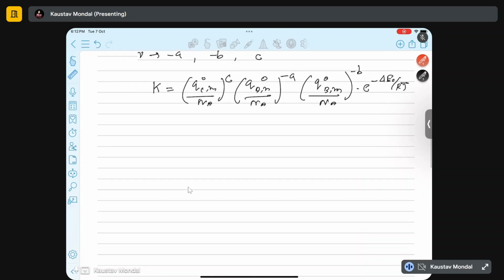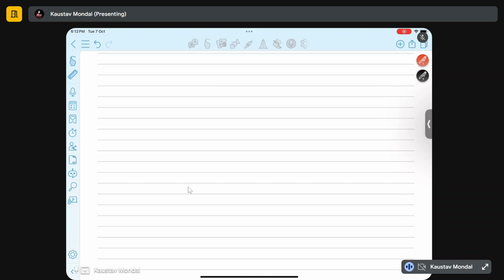Now next what we discussed, so we know that delta G0 equals minus RT ln K, where K is the equilibrium constant.